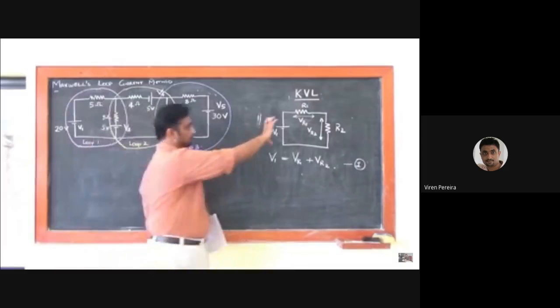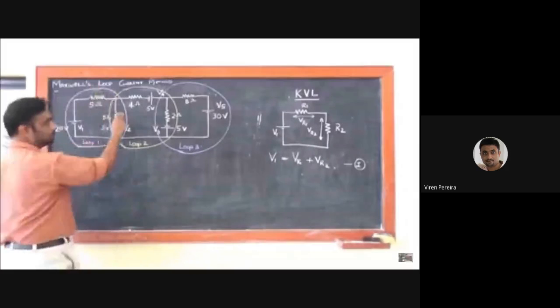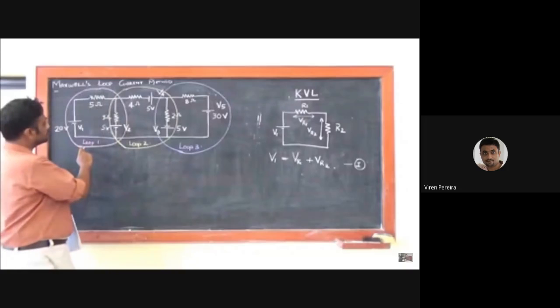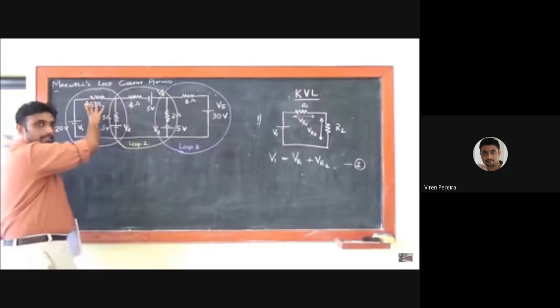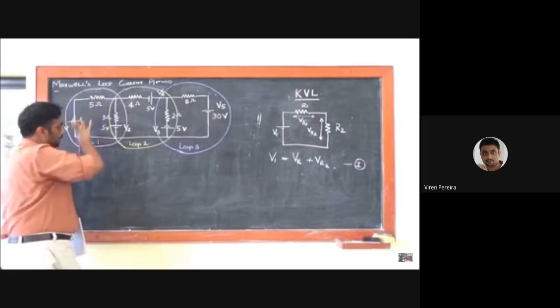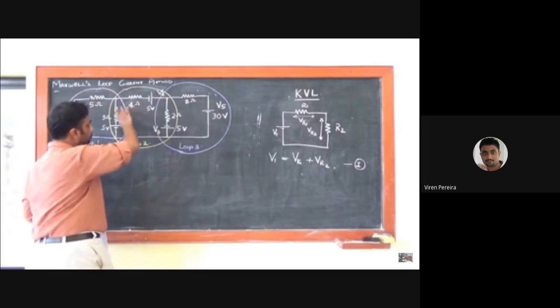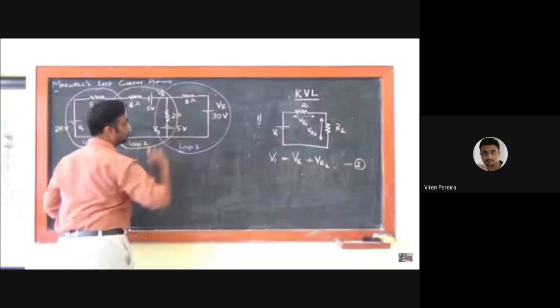Now using the same logic we have discussed here, I'm going to find out my voltage sources and my voltage drops in this circuit. I'll find out for loop 1 first, then loop 2 and then loop 3.